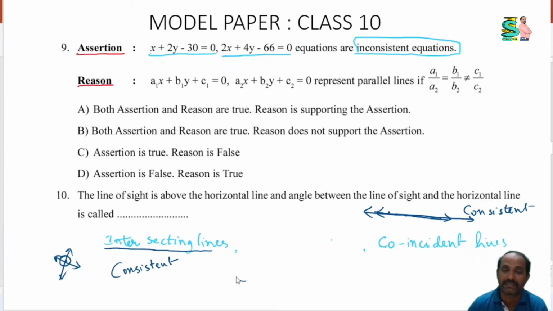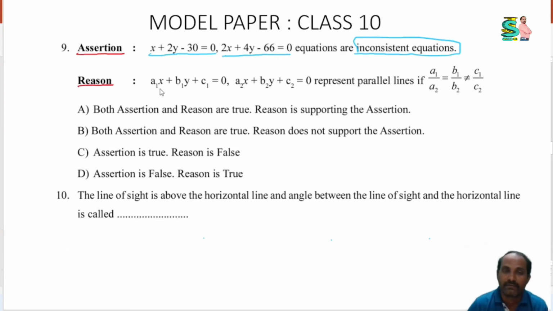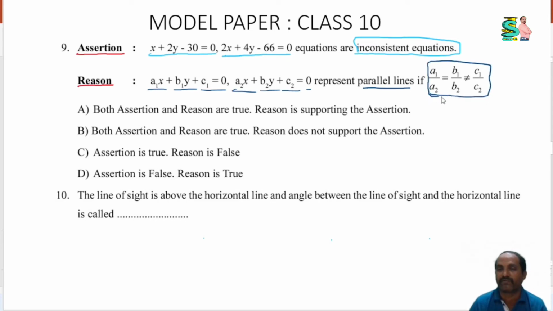Now let us check whether these are parallel or not. a1x plus b1y plus c1 equal to 0 and a2x plus b2y plus c2 equal to 0 represent parallel lines when a1 by a2 is equal to b1 by b2 is not equal to c1 by c2.